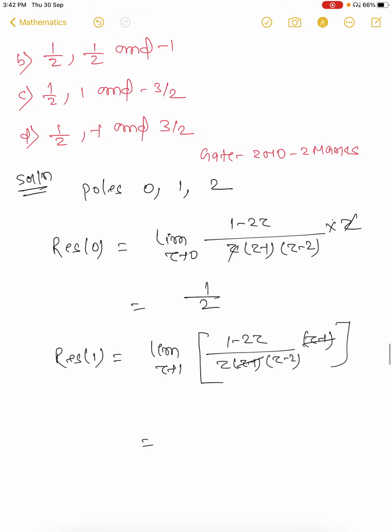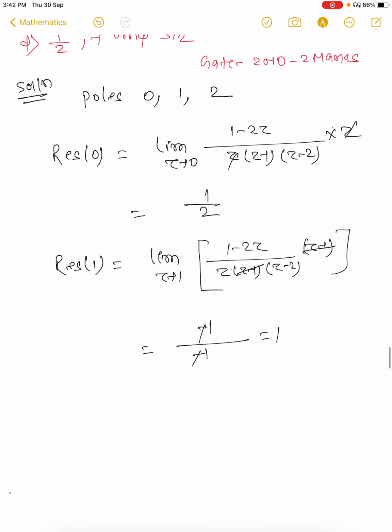So we get minus 1 upon minus 1, so it cancels out, giving 1.